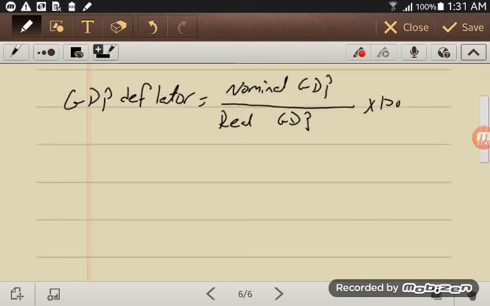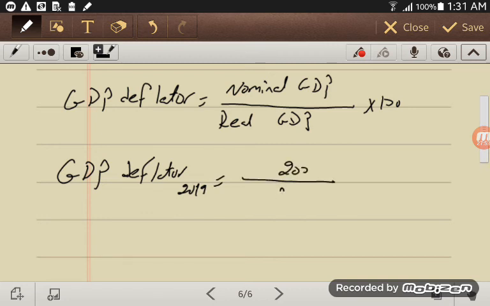So, returning back to our example, GDP deflator for 2019, it will be 200 divided by 200 multiplied by 100, so it's 100.